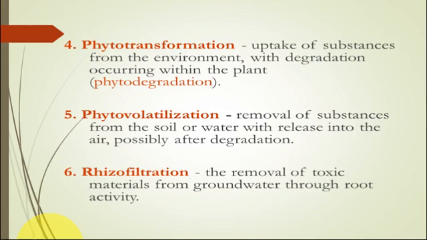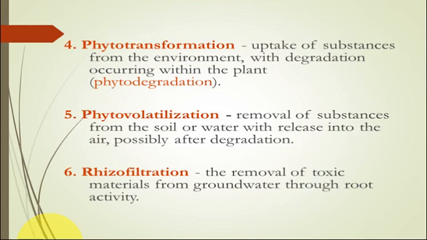Coming to phytotransformation or phytodegradation, there is uptake of substances from the environment with degradation occurring within the plant. Coming to the fifth one, phytovolatilization. In this method, plants transform the solid metal that has been absorbed into a gaseous form, released through the stomata.